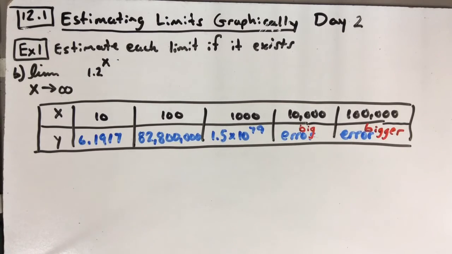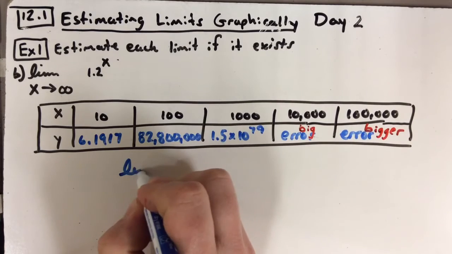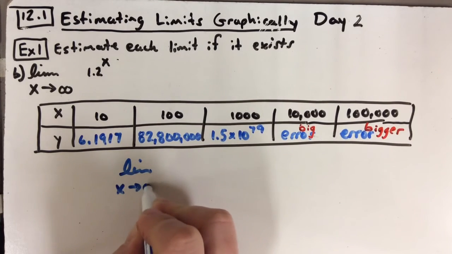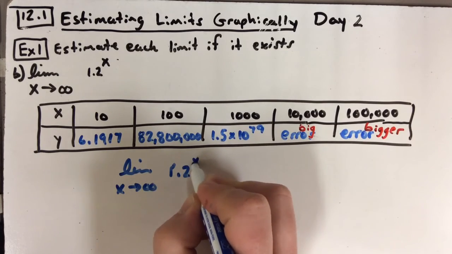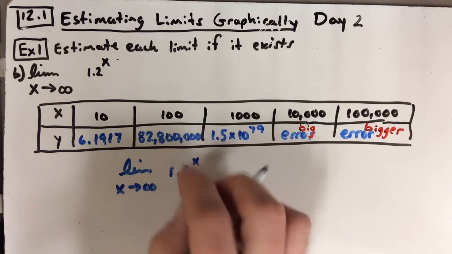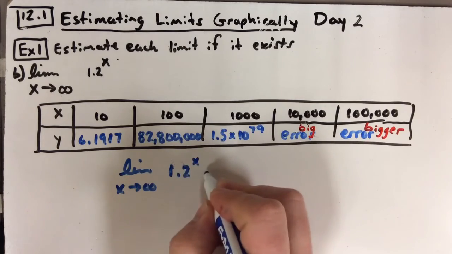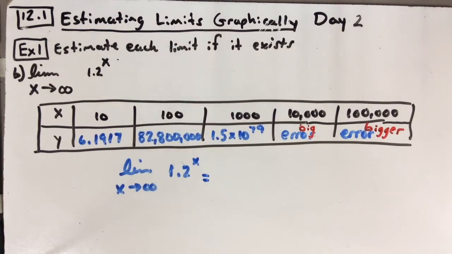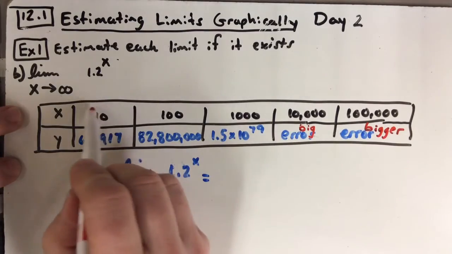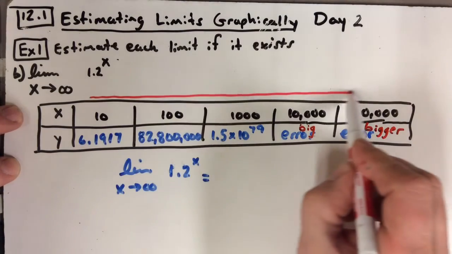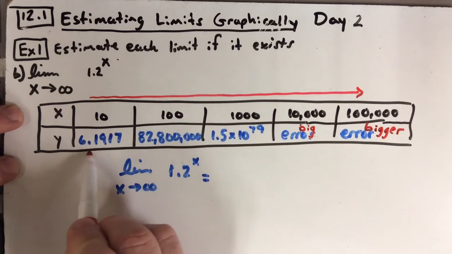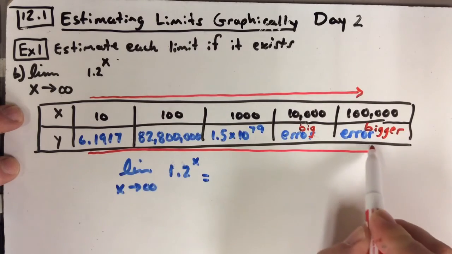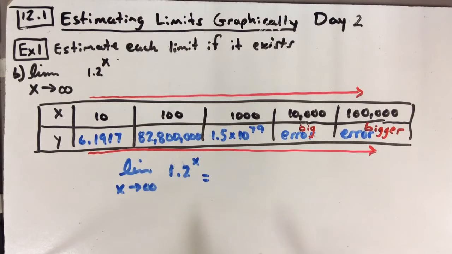All right, back to the final answer on this. We have the limit as x approaches infinity of 1.2 raised to the x power. We're supposed to evaluate that using a table in this section and see what that is equal to. So as our x's get really, really big, as x's approach infinity, we need to take a look at these y values and see what they are doing and make a prediction about where we think they would go.